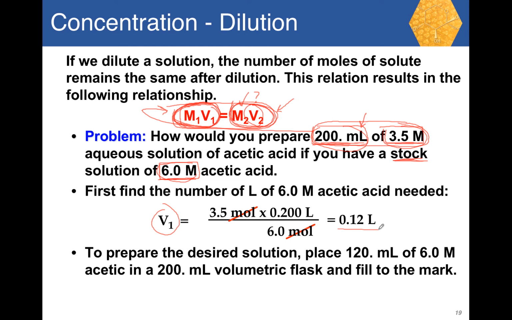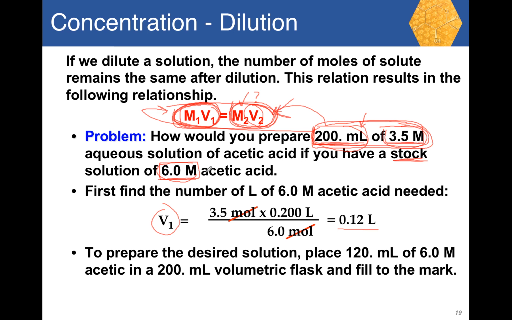Let me do it again, because I just noticed that they switched it here. In this case, you'd have 200 milliliters and 3.5 molarity that you're trying to prepare. So what they're doing here is they put it on this side, M2.